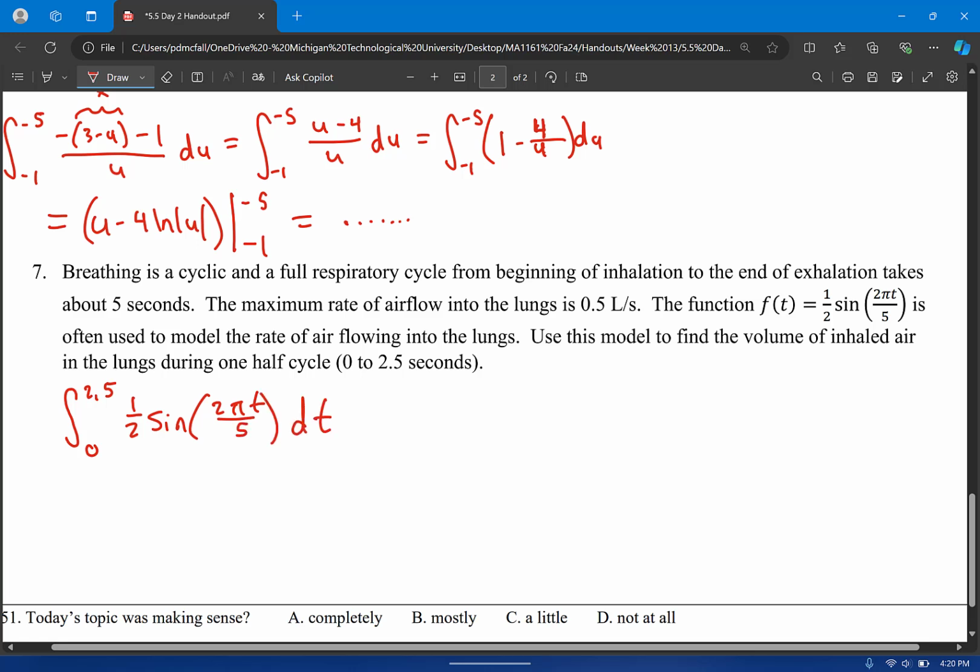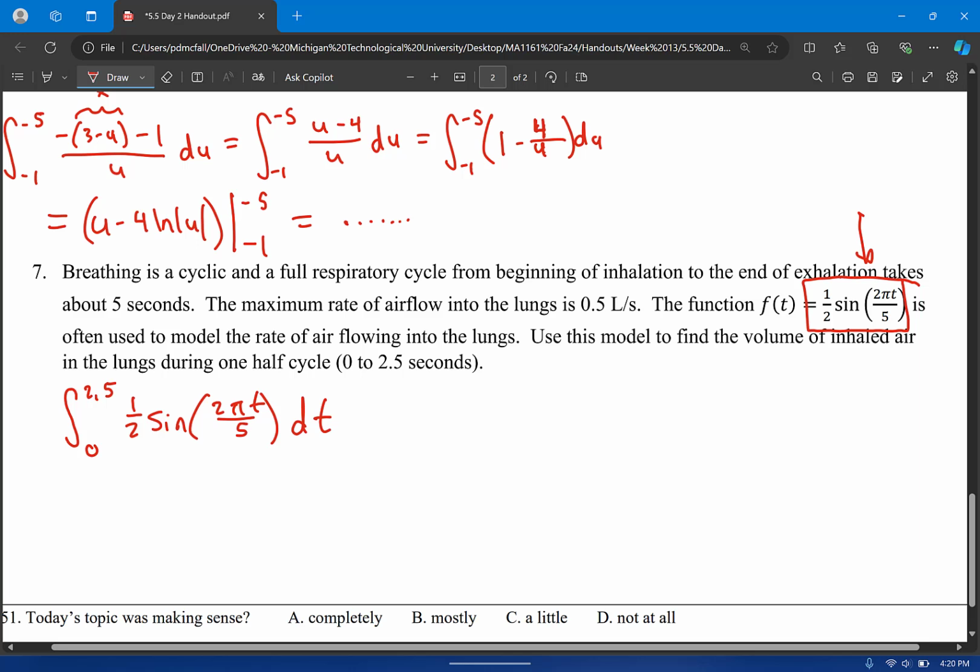So why are we even doing an integral given the sentences here? It's because we're given a rate function. And we learned if we find the area under a rate function from time equals a to b, we'll find the net change, in this case of volume, because this is essentially the derivative of volume. The antiderivative is the method to find the integral.